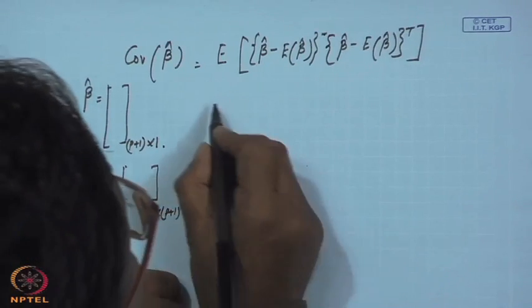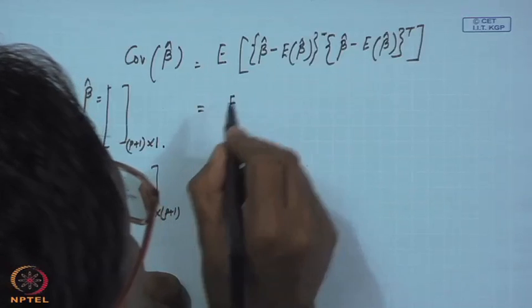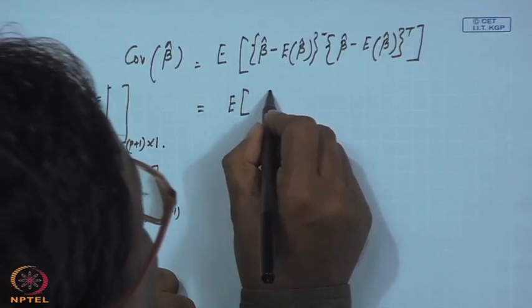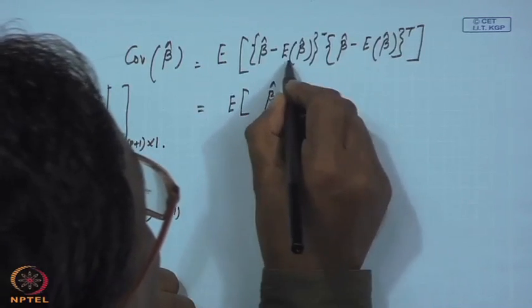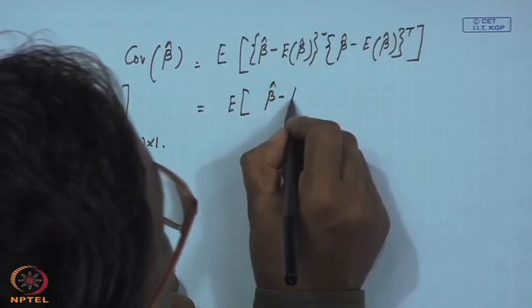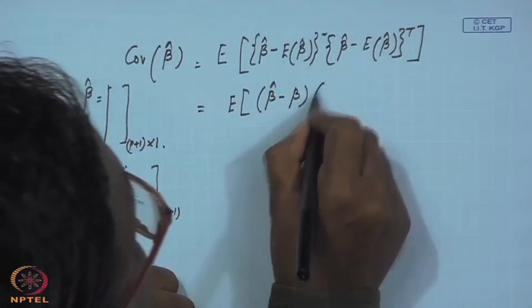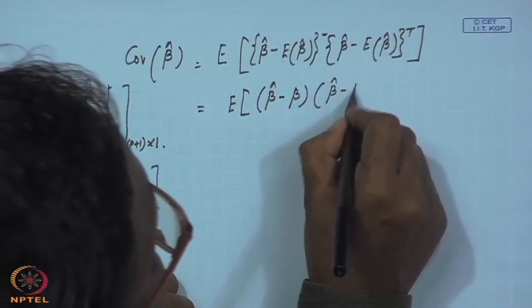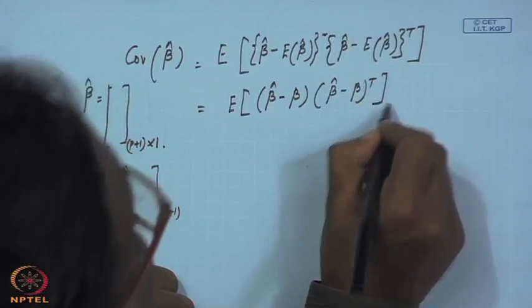Okay. So, now we can write expected value of beta cap minus beta into beta cap minus beta transpose.